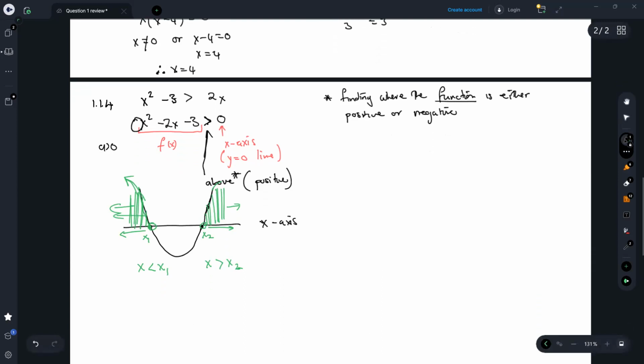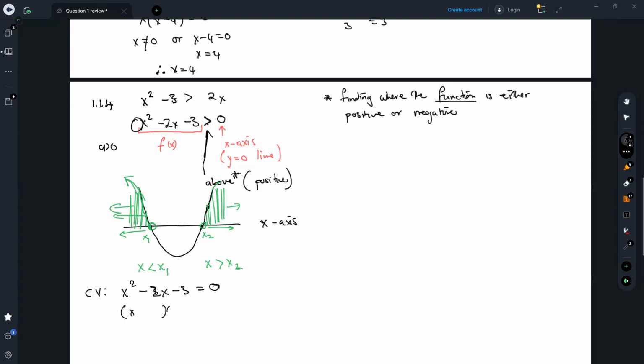So for us to find these values of x1 and x2, these are our critical values. So we're going to say, well, if we're looking for the critical values here, so we are allowed to say x squared minus 2x minus 3 is equal to 0. We're looking for the values where the function cuts the x-axis so that we know where to start reporting our answer here.